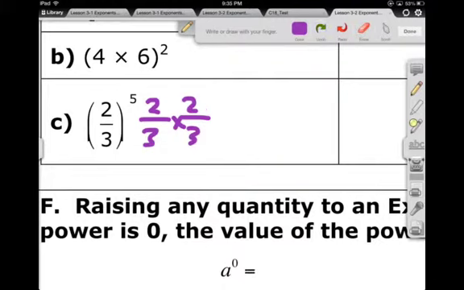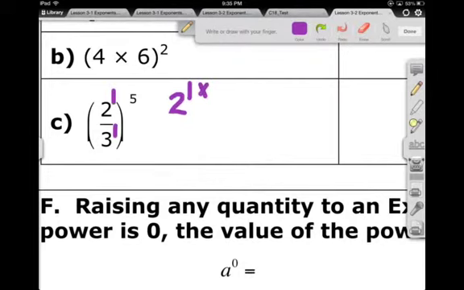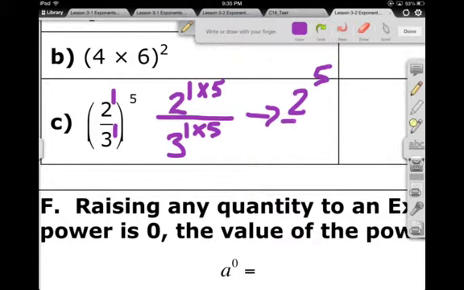And we could have just said, using power of a power, 2 to the 1 times 5 over 3 to the 1 times 5, which evaluates to our final answer, 2 to the 5th over 3 to the 5th. Again, realize they're different bases. Treat the numerator and the denominator as if they're just bases and you're just applying power of a power.